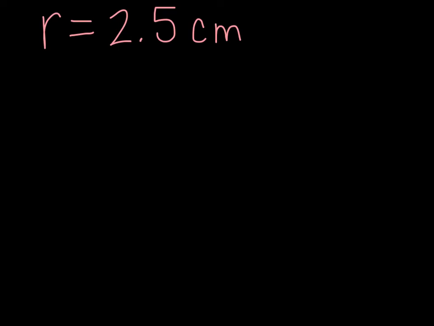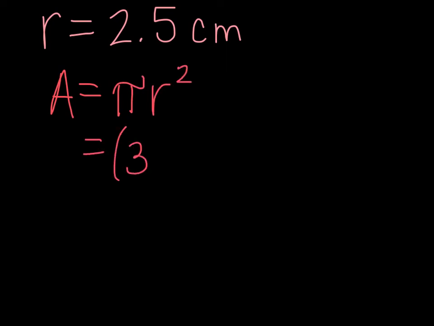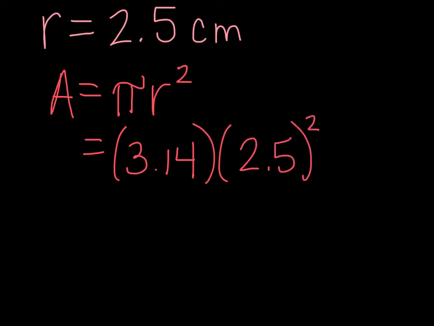All right, let's try another one. Let's say I give you the radius of a circle is 2.5 centimeters, and I want you to find the area. You're going to start with the formula, area equals pi r squared, and substitute in your value for pi, and then we're going to make radius squares that have the dimensions 2.5 centimeters squared.